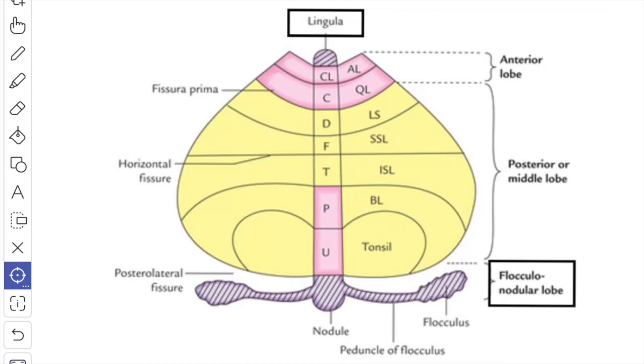The posterior lobe consists of, in the superior vermis, declive, folium, tuber, pyramid and uvula.